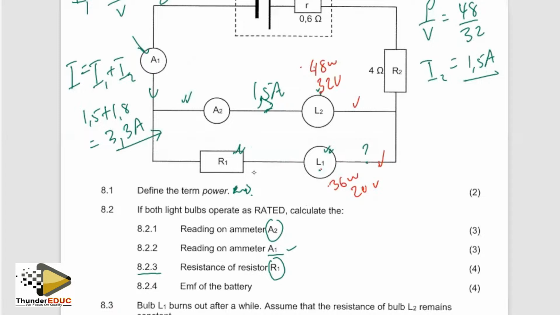But R1 and this bulb are in series, and if they're in series, there is a voltage break. The voltage here will be different from the voltage across R1.